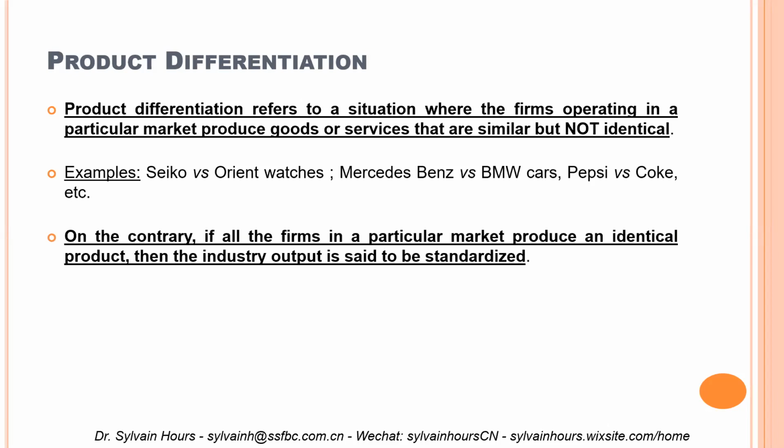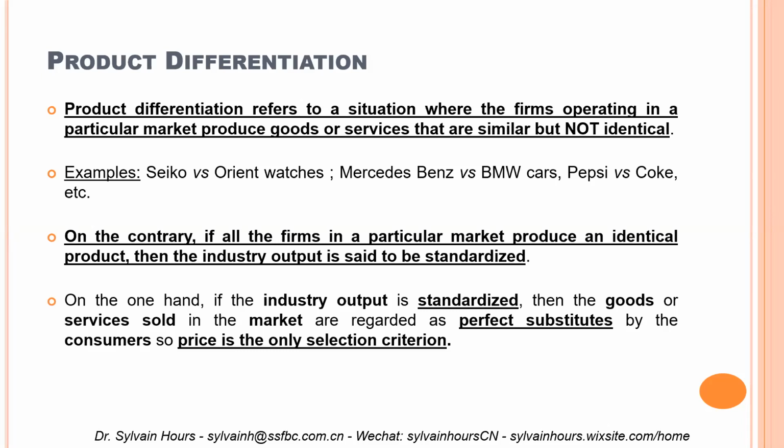The opposite of product differentiation is what we call standardization. In a market where the output is standardized, all firms sell the exact same product. We say that the output or the product is homogeneous. In that case, consumers don't care about whether they buy from seller A or seller B, because both sellers sell exactly the same product.